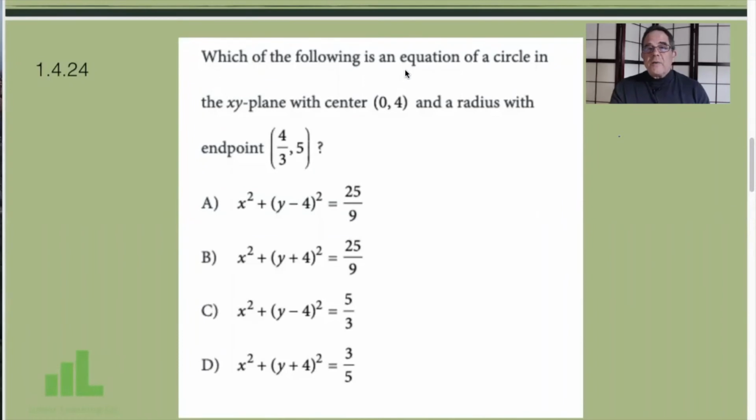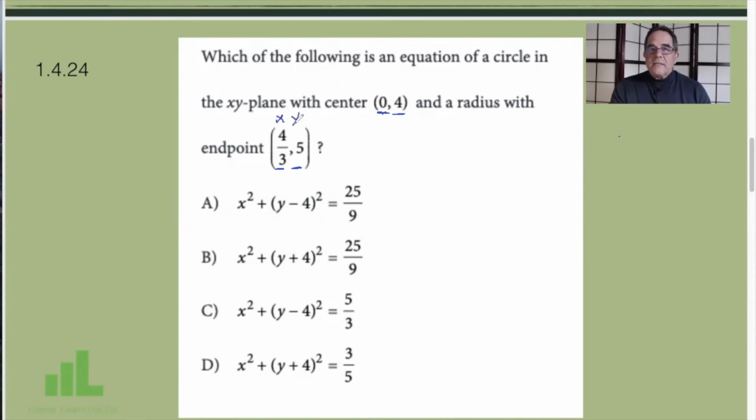Which of the following is an equation of a circle in the xy plane with center (0, 4) and a radius with endpoints (4, 3)? And we know that any point on the circle is called (x, y).